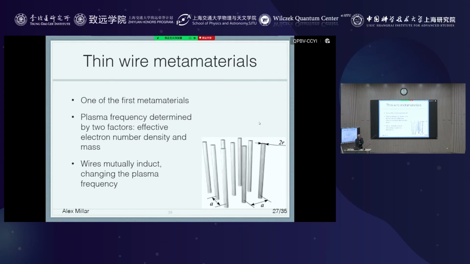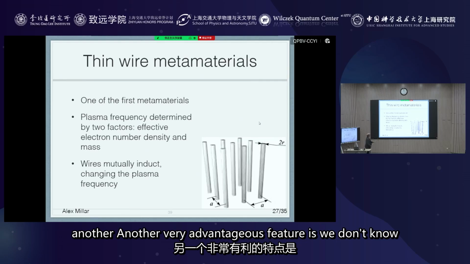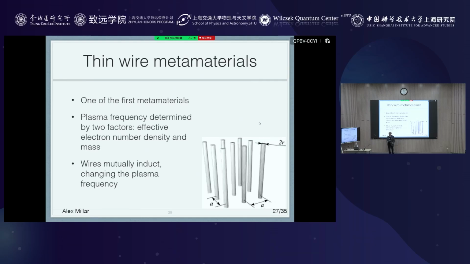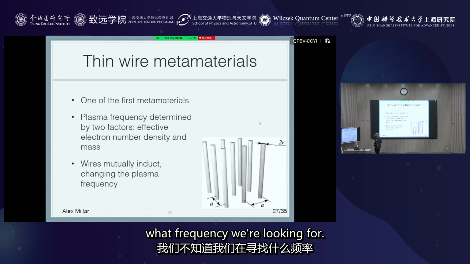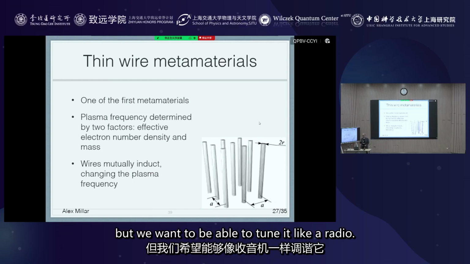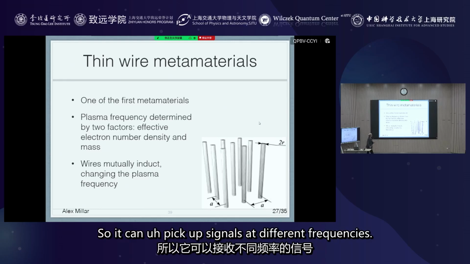Another very advantageous feature is we don't know what frequency we're looking for. So we want resonance, but we want to be able to tune it like a radio so it can pick up signals at different frequencies.